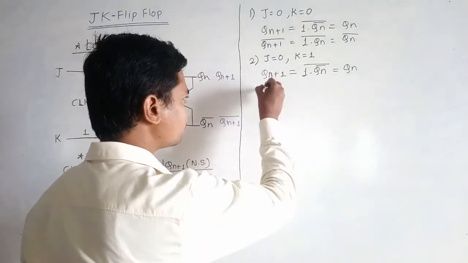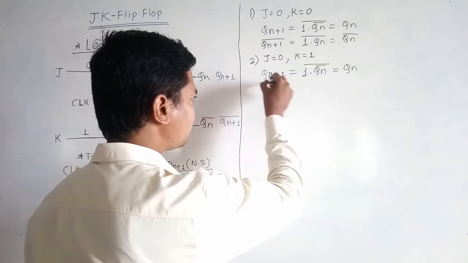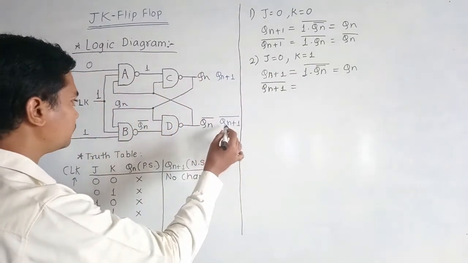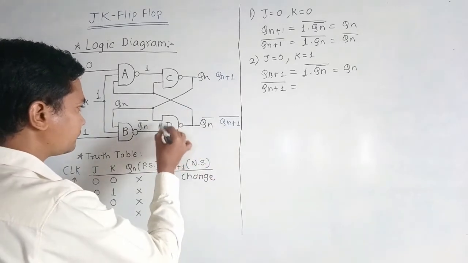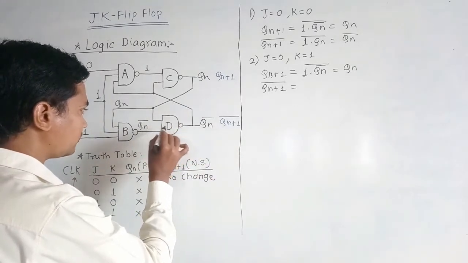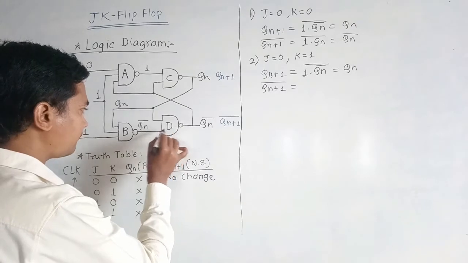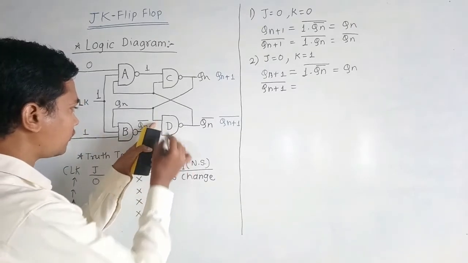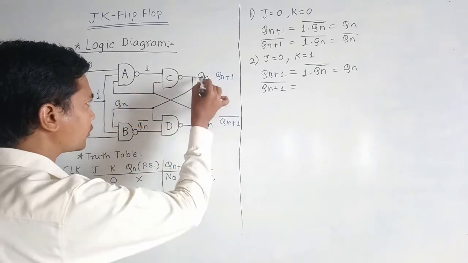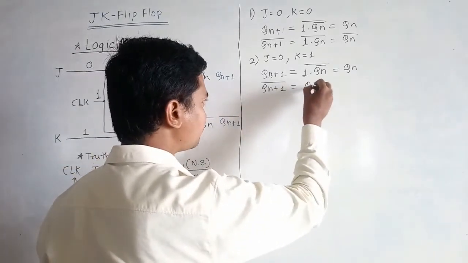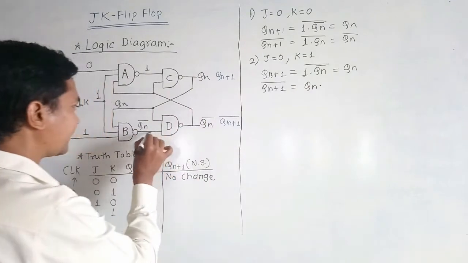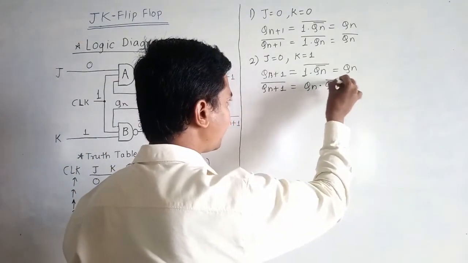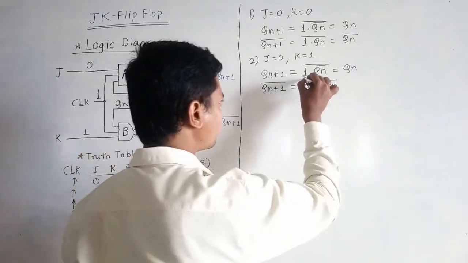Now Qn plus 1 whole bar is equal to the logical NAND operation of these two inputs. The first input is coming from Qn, so Qn dot, the second input is Qn bar, the bubble stands for whole bar.